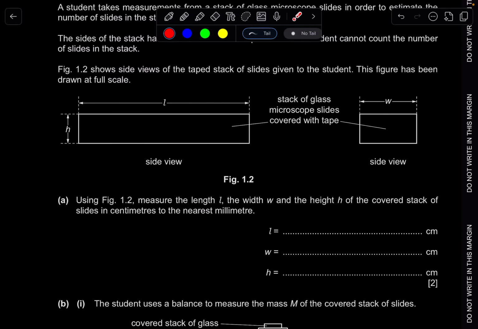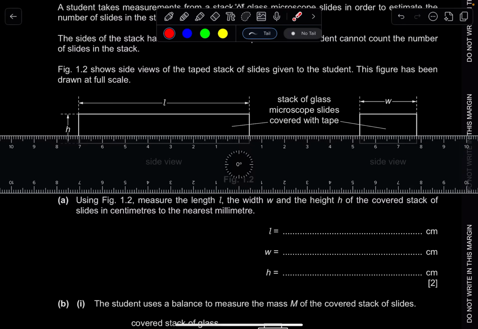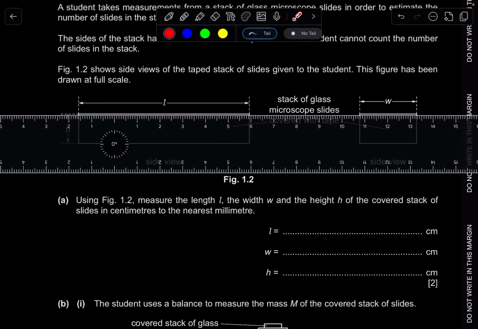In part A, using figure 1.2, we have to measure the length L, this length, the width W, this one, and the height H, that is this one. Okay, and you have to record it there. So let's measure them. What will be the L? You have to put your scale here.